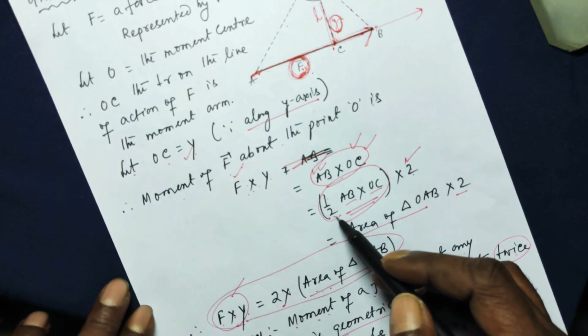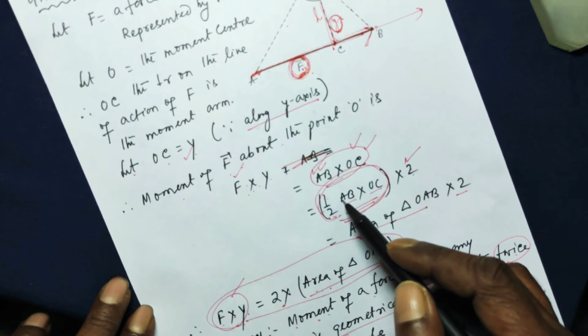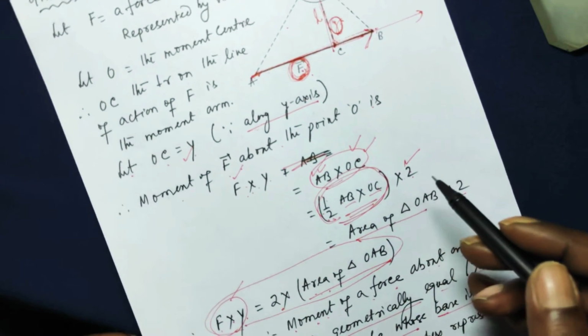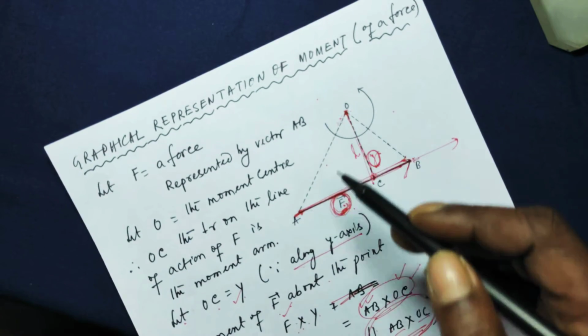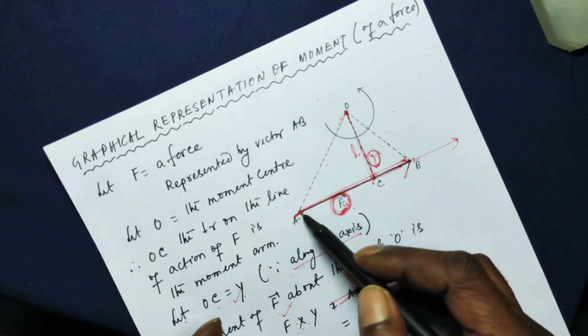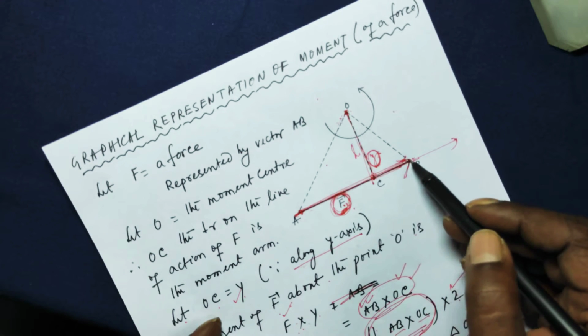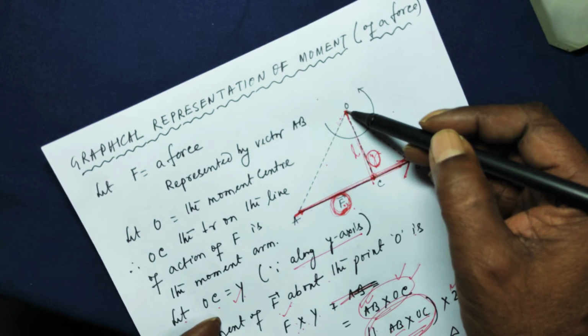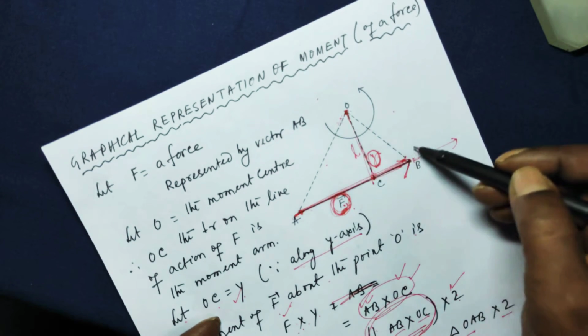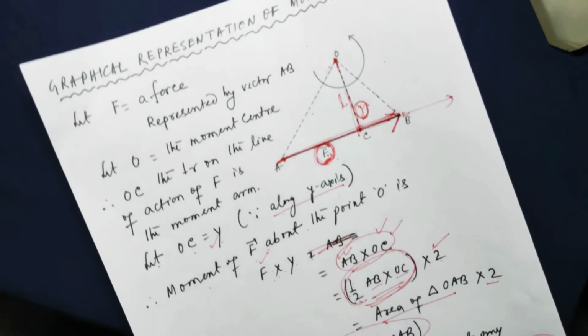By doing so, this becomes half AB times OC, that is half base into height, which is the area of the triangle, where the force represents the base of the triangle and the point O, the moment center, represents the vertex of the triangle.